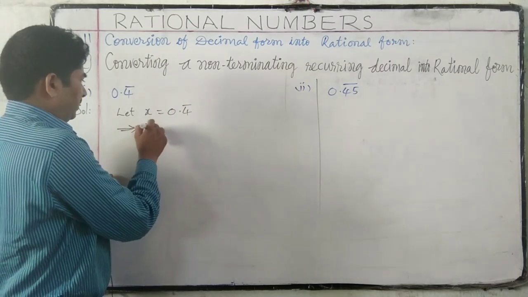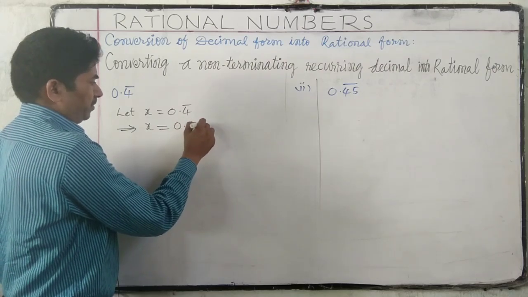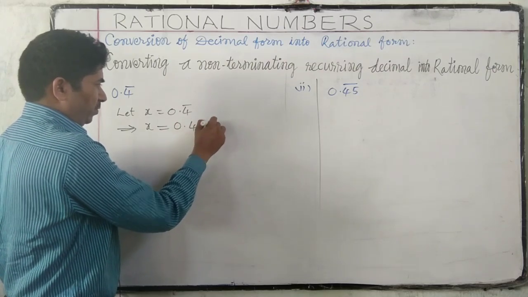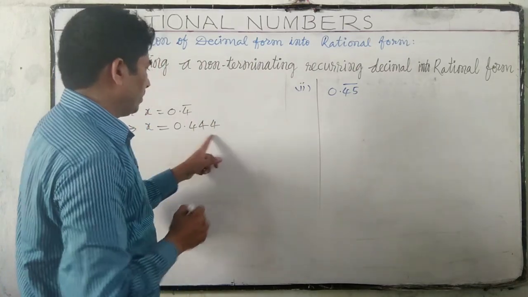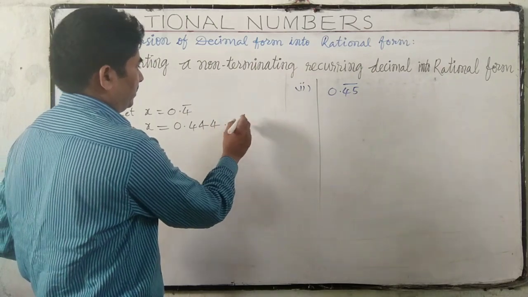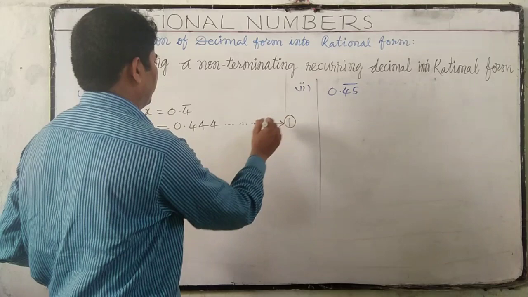Then x is equal to 0.444 and so on, since 4 is the recurring part, the repeating part. This is equation number 1.